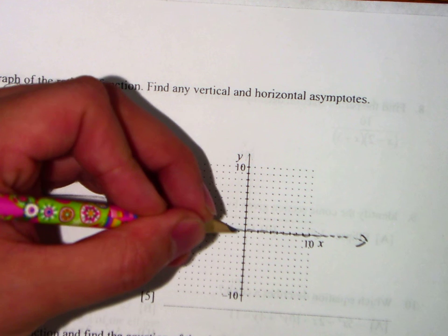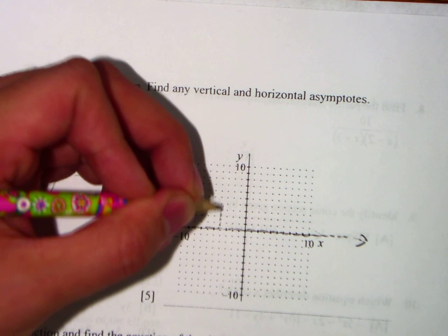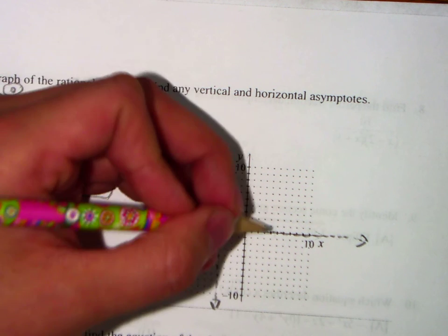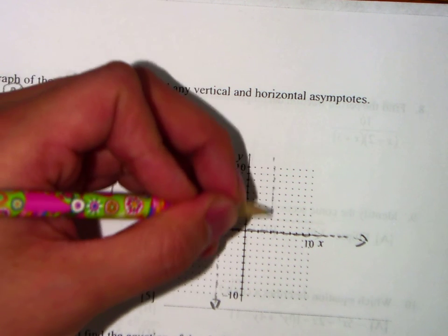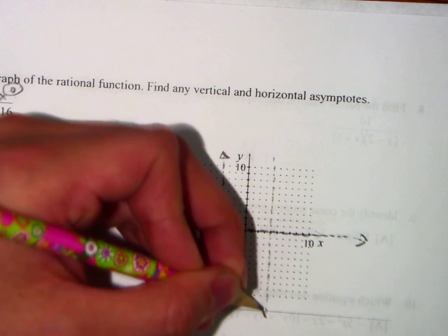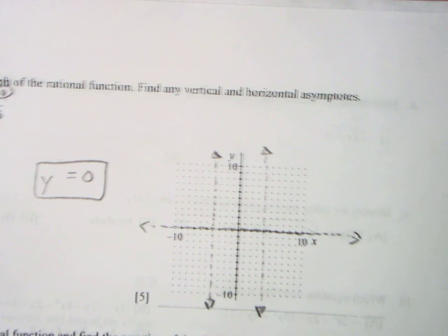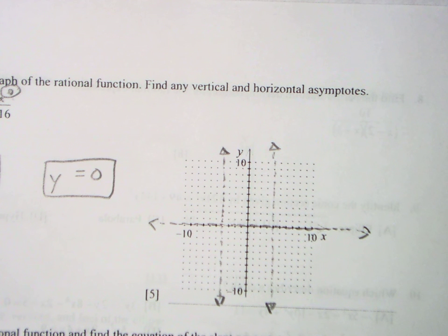So negative 4, 1, 2, 3, 4, and positive 4. Okay. Now, how do we know what this graph is going to look like?